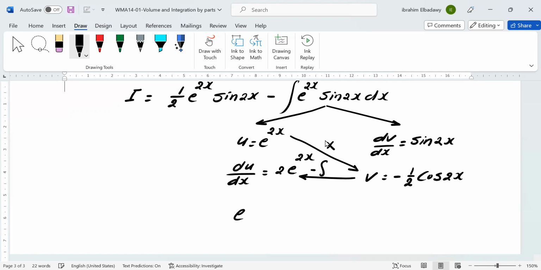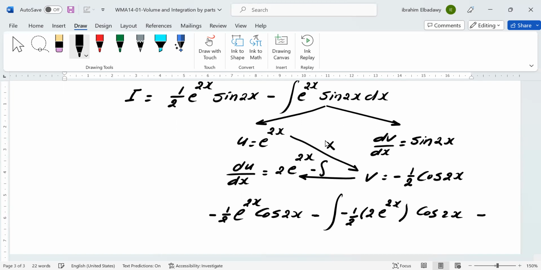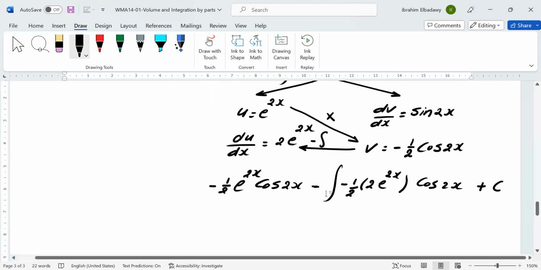It will be e power 2x times negative half cosine 2x, minus the integral of negative half times 2 e power 2x cosine 2x, and at the end you can put C, the arbitrary constant, which is due to the integration.